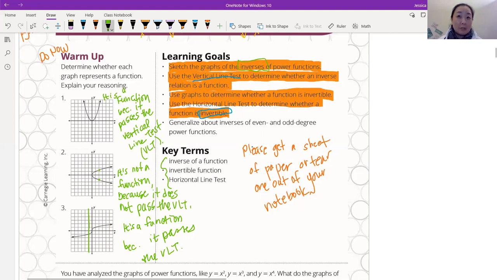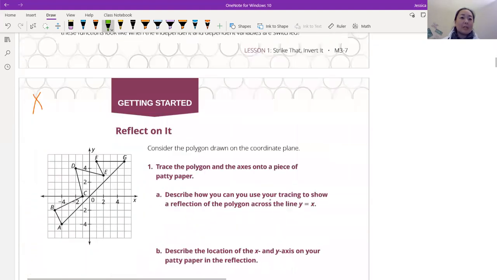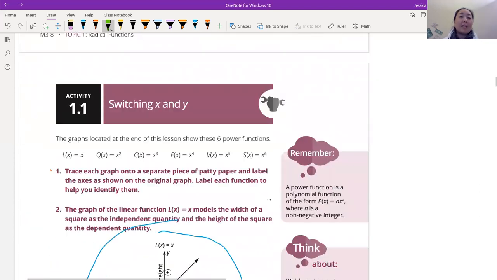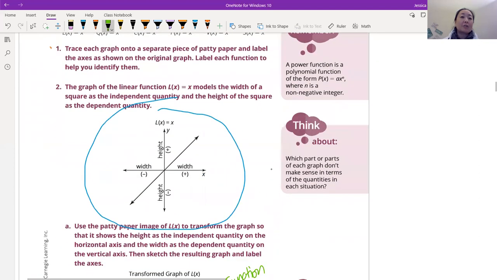And if you did not do this in class, take out a sheet of paper, something that looks like this. Not construction paper, because we're going to do a couple of tracings, is what we did. And so we're going to skip this and go to page 9. We're looking at this graph right here.